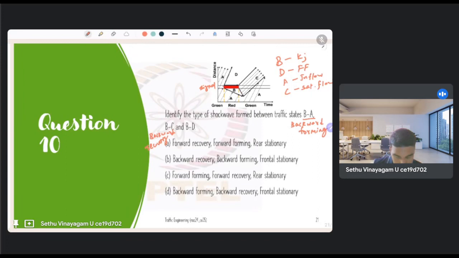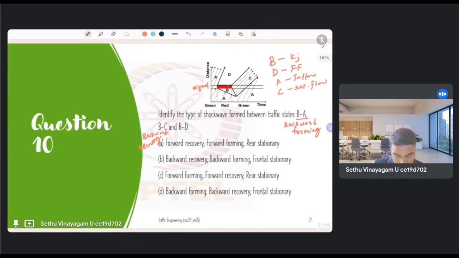The third one is BD, this particular shock wave. The slope of this shock wave is 0, which means this is a stationary shock. Whether it is a forward or a backward stationary shock: it is forward, because it is before the signal. For a forward stationary shock, the congested state will be below and the free flow state will be above the shock wave.